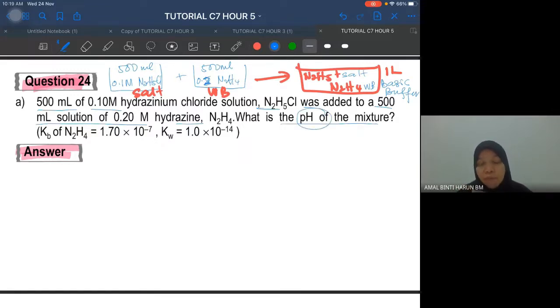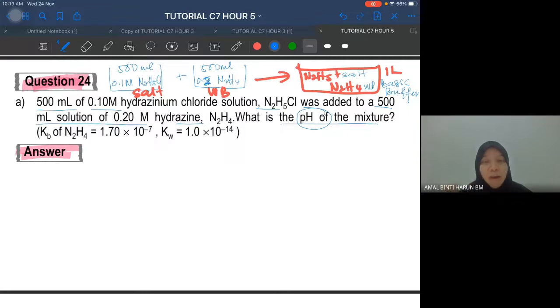So penting untuk kita recognize this is buffer or this is weak acid only or this is strong acid solution only. Okay. Remember yang yesterday I've mentioned to you, we have 3 conditions, whether it is strong acid, strong base, or second condition, it involve only weak acid or weak base. Okay, masih kira pH juga.